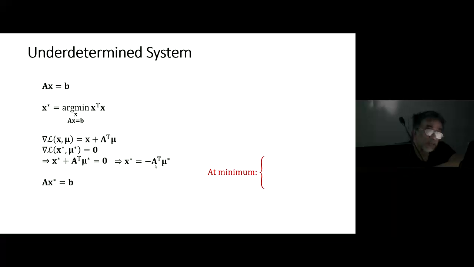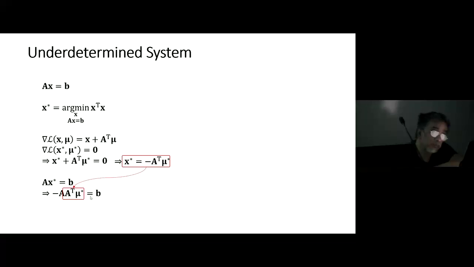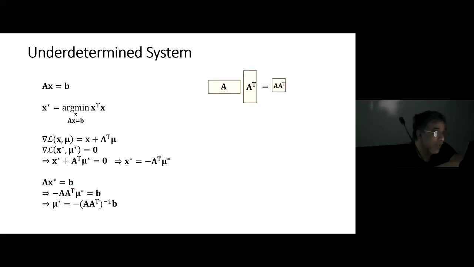x star is equal to this, whence I have negative A A transpose mu star equals b. Just solve this: mu star is negative (A A transpose) inverse b. This matrix is fully invertible.